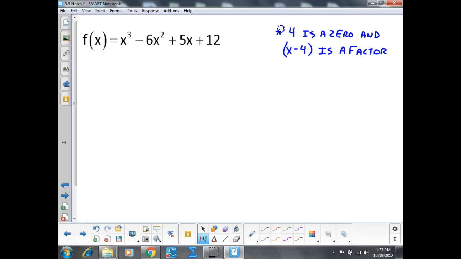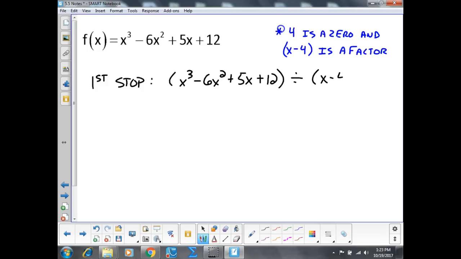So, on this bus route, there are 3 different stops. The first stop is the straight up dividing stop: x cubed minus 6x squared plus 5x plus 12 divided by x minus 4.